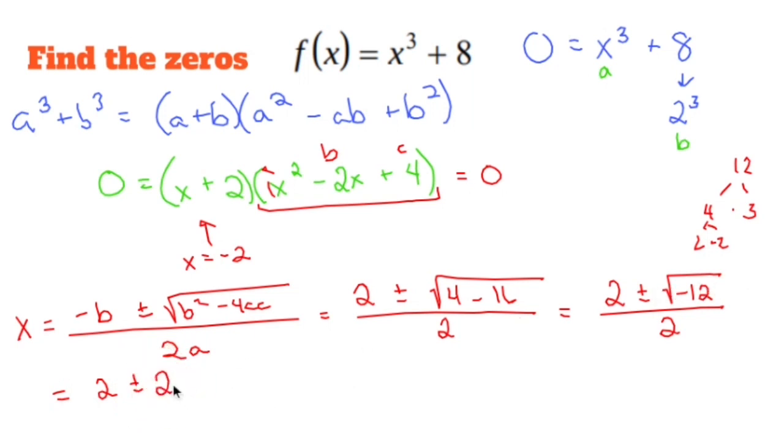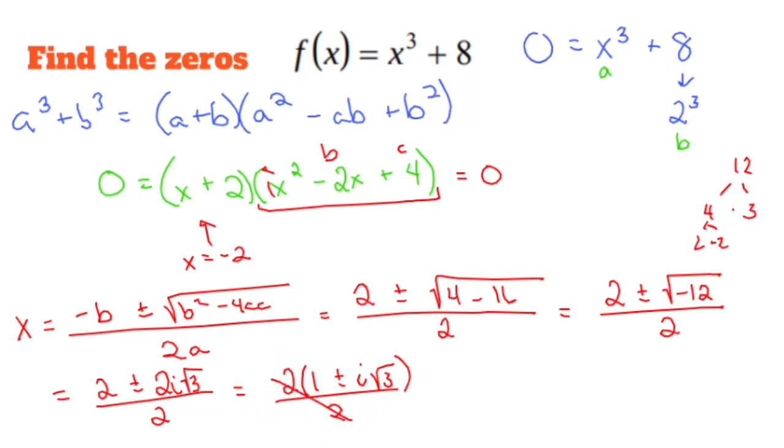Not only that, we can bring out an i, and we're left over with this square root of 3, all of this being over 2. Now I have a 2 and a 2 and a 2, so let's deal with that. 2, let's pull it out, leaves me with 1 plus or minus i root 3, close it, all over 2.